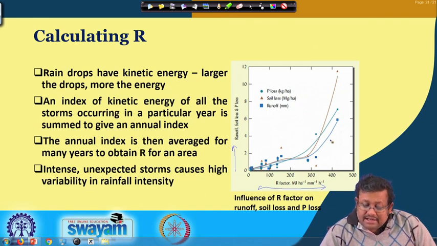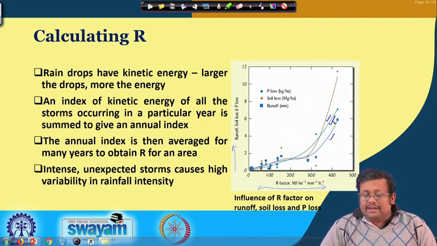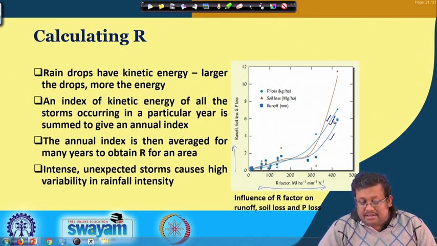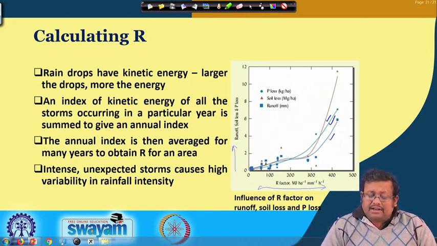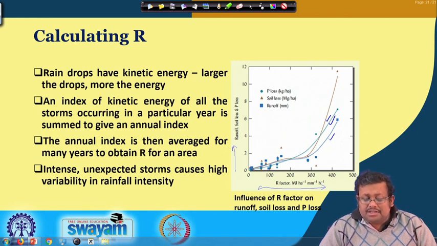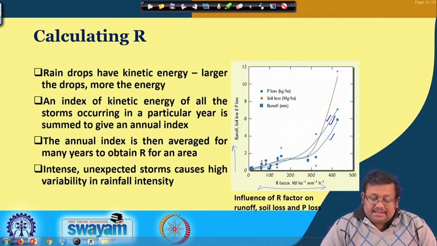Not only the runoff, but simultaneously soil loss and phosphate loss in kg per hectare also increase, because in runoff the soil moves from one area to another, including the nutrients. So with the increase of the R factor, the runoff, soil loss and phosphate loss also increase simultaneously.